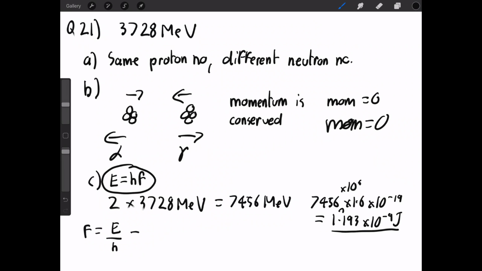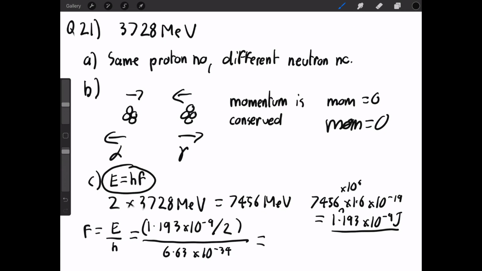Then we can go back into this equation. There's 2 photons produced, so 1.193 times 10 to the power minus 9. First thing I need to do is divide all that by 2, and then divide our answer by Planck's constant, 6.63 times 10 to the minus 34.